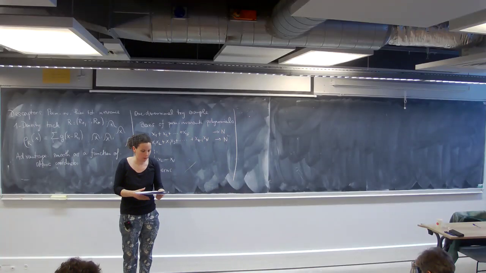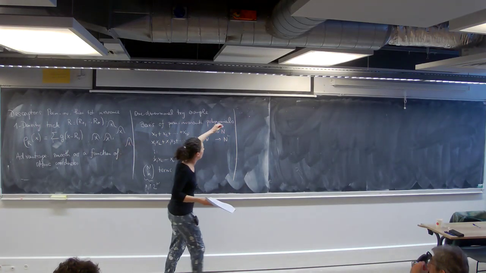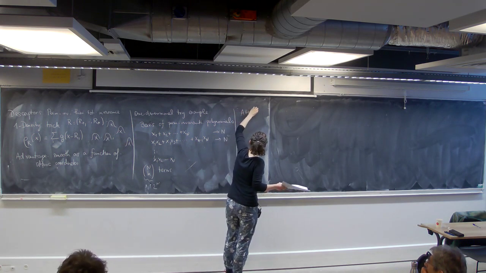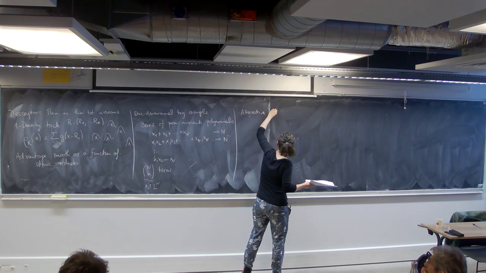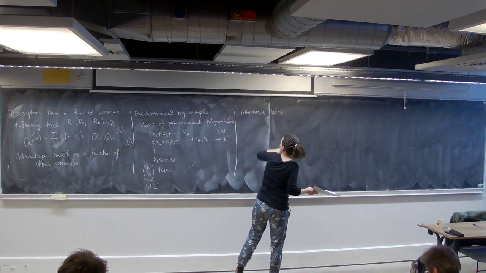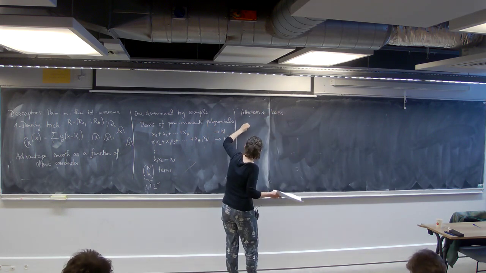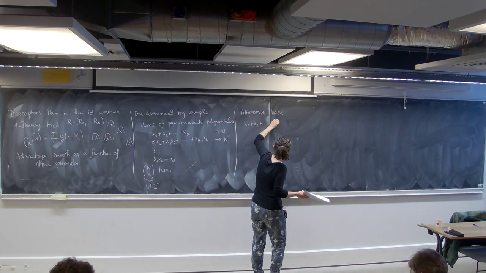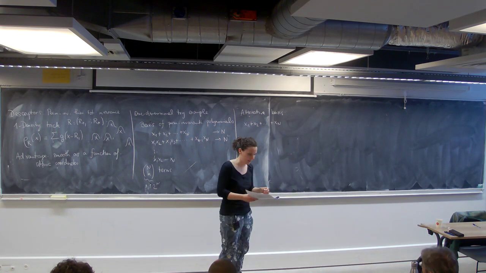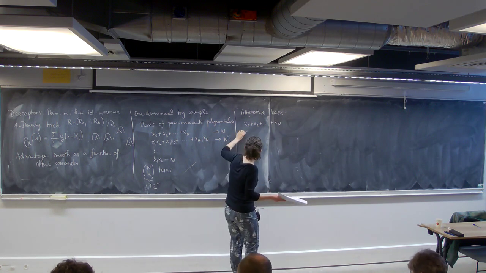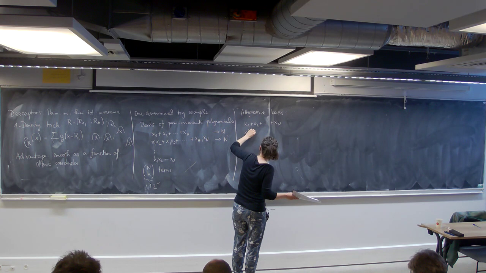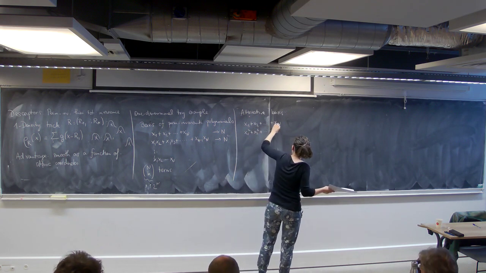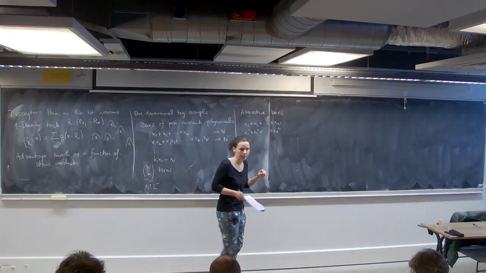Okay. But you can also consider an alternative basis, which is, okay, it doesn't change for the first polynomial. So it's just x1 plus x2 plus xn. And then I consider x1 squared plus x2 squared plus etc. plus xn squared.